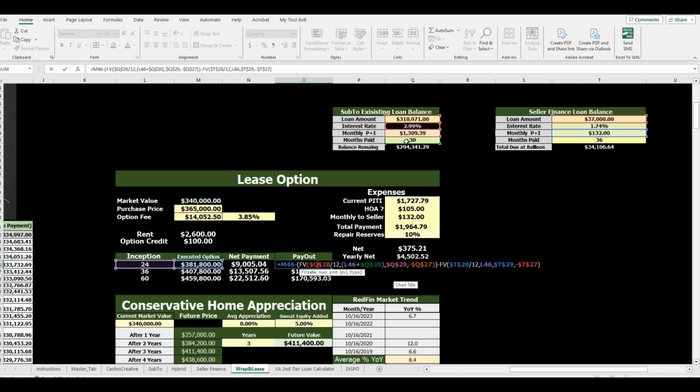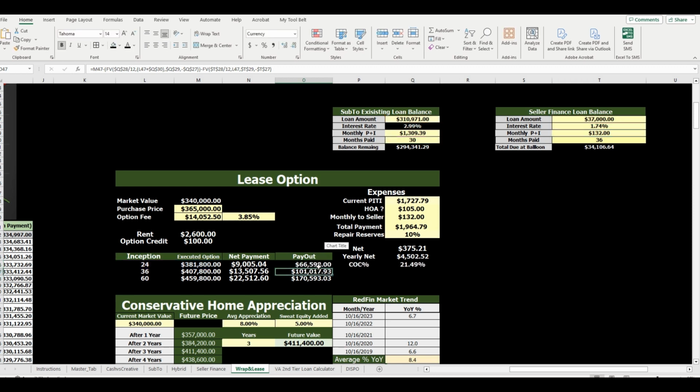So we're taking into account that there is a subject to transaction being involved that's being taken over on those monthly payments, and we've got a seller carryback that's also being taken over. So we can expect a payout of about $66,000 after the 2-year mark, should they want to execute the option to buy.